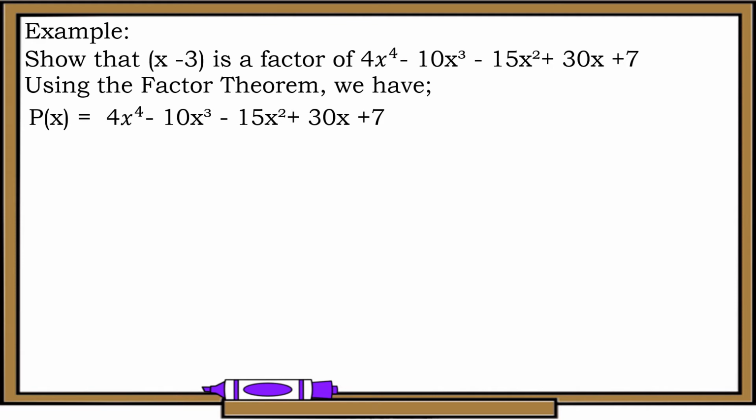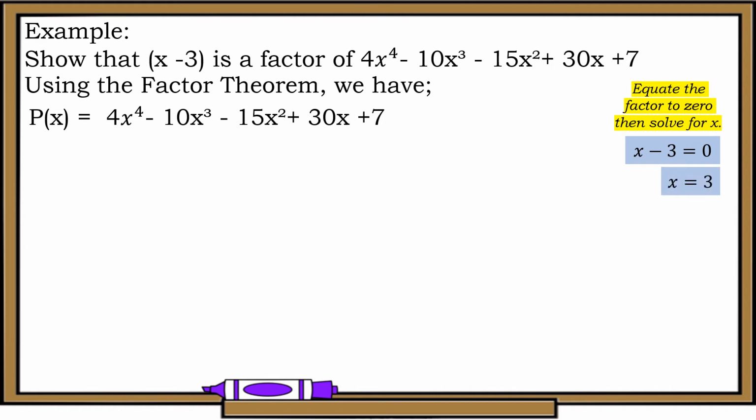Then let us equate the factor to 0. Ano ba yung factor natin? X minus 3. Equate natin siya sa 0. Then we got x is equal to positive 3. So, ibig sabihin, we will substitute the value of x here by 3.